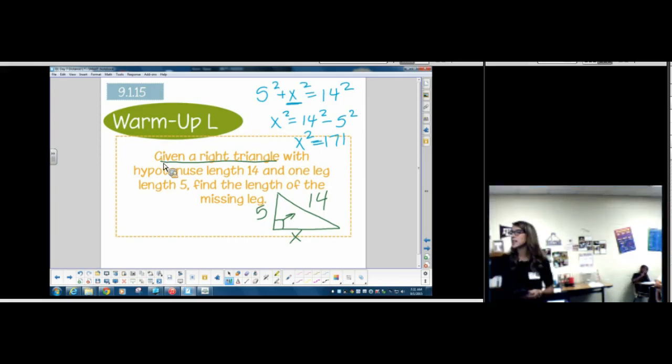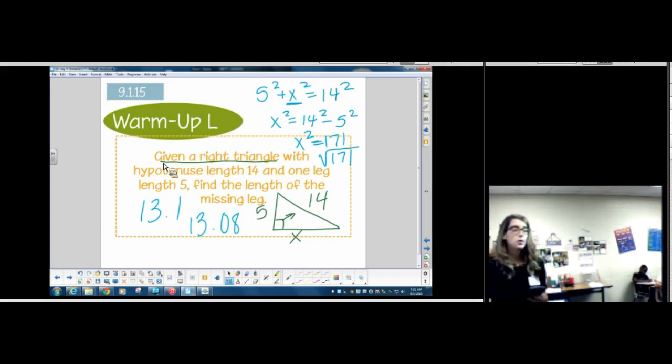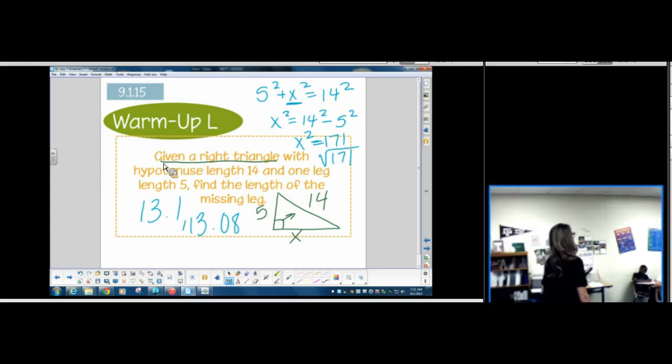Very good. So we're taking the square root of 171. Make sure you know where the square root button is, super important. And it did not say what to round to, so you might have put 13.1 or 13.08. Those would be rounding correctly. That's to the nearest tenth and to the nearest hundredth.